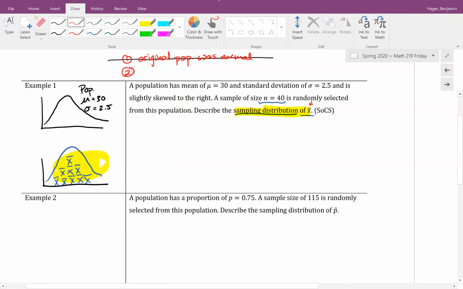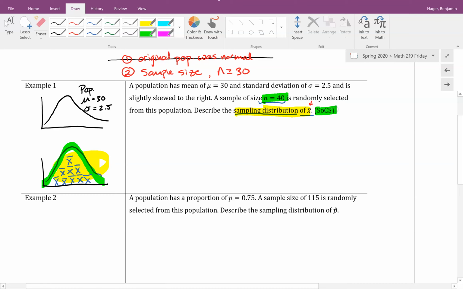The other way to claim that this is going to be normal is as long as your sample size is at least 30. Here my sample size is 40. So what that means is that I'm sampling sufficiently large sets of data, and that's going to ensure that all of my sample means will indeed fall in a nice normal distribution.